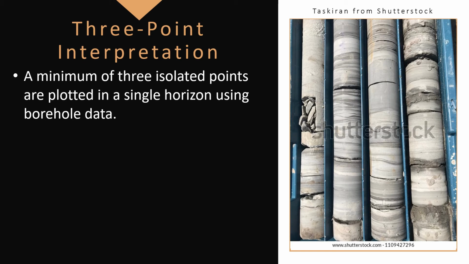A minimum of 3 isolated points are plotted in a single horizon using borehole data. So using the data obtained from the borehole survey, those points will be plotted in this process.